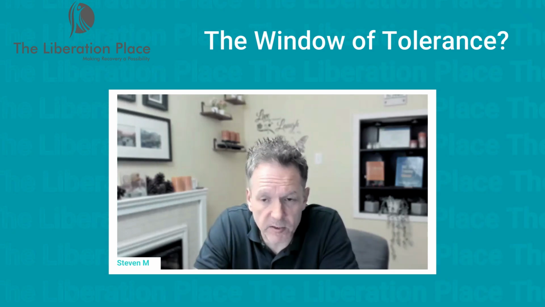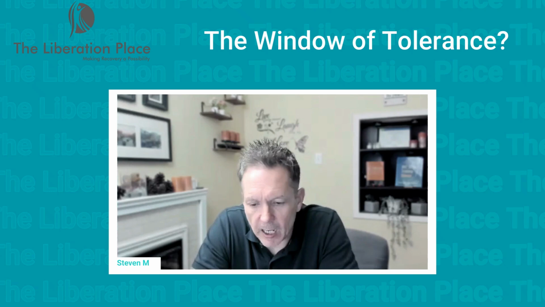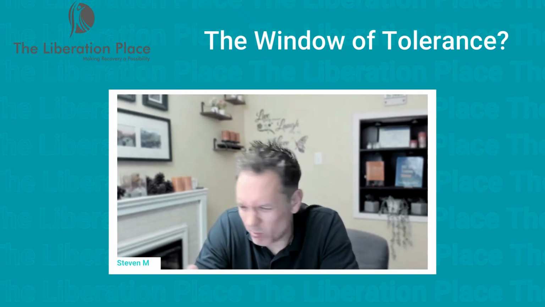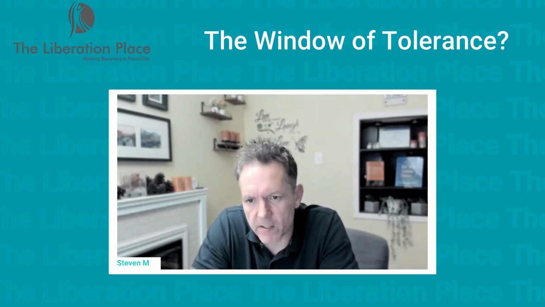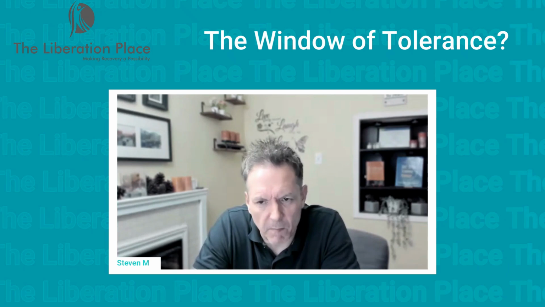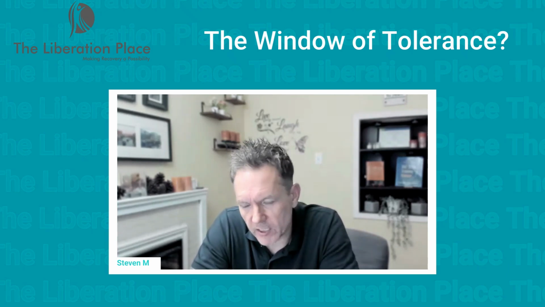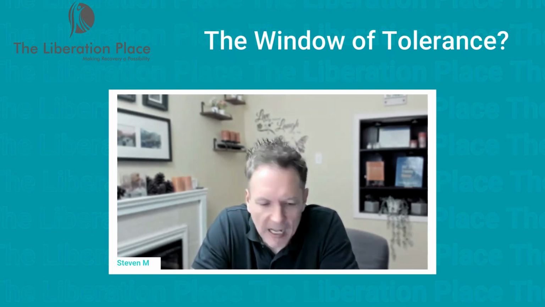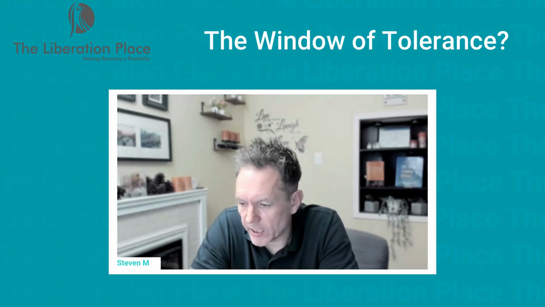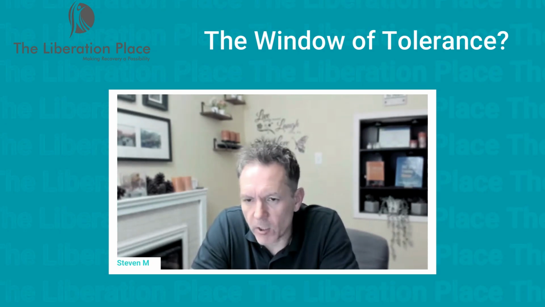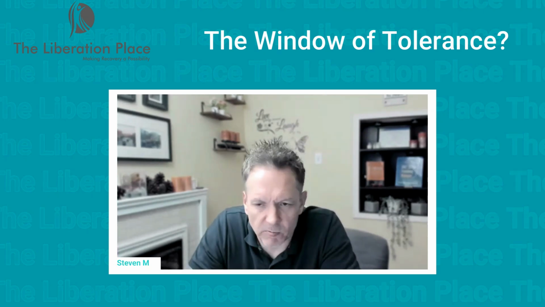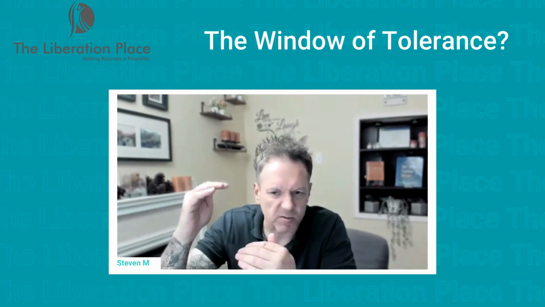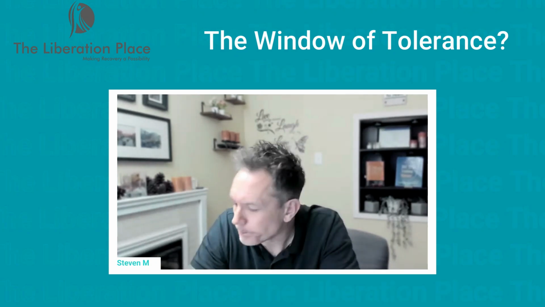For most people, let's say, for example, you grew up in an environment where all of your childhood needs were met and you're fairly middle of the road when it comes to your emotional sensitivity, you were validated as a child and you developed a pretty healthy sense of self, then your window of tolerance is kind of this big. There is no actual number for it, but let's just pretend it's like this, right?